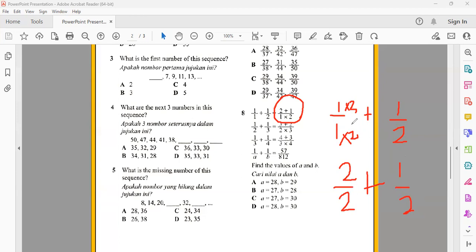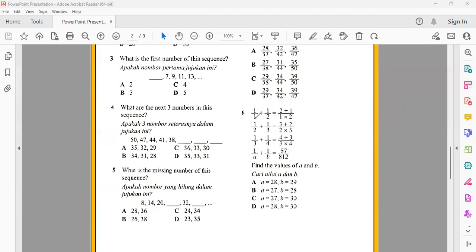But literally, the bottom part is still 1 times 2. They didn't write that 2, but they just kept it as 1 times 2. If you look, the bottom numbers are multiplied. 2 times 3, the denominator is 6. 3 times 4, the denominator is going to be 12.